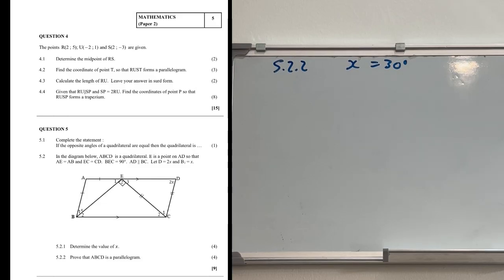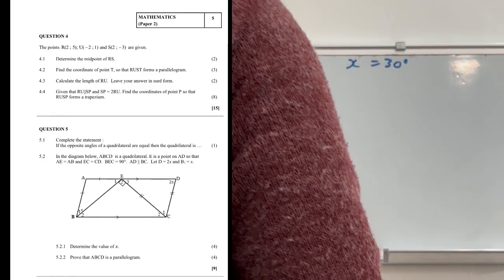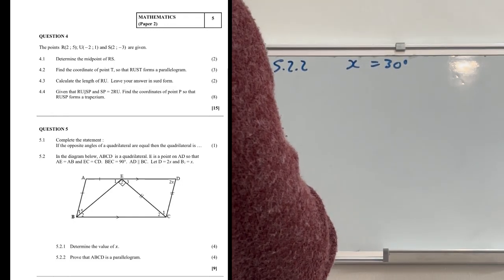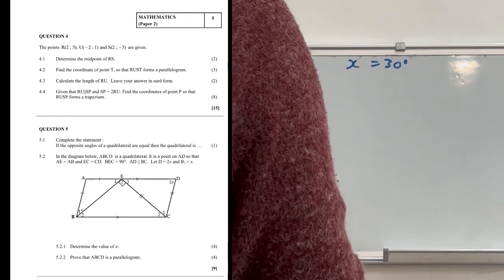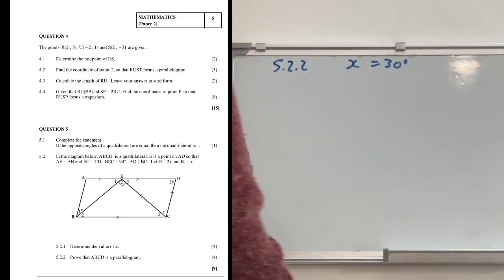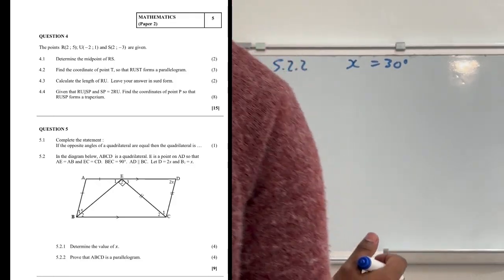For 5.2.2, they say prove that ABCD is a parallelogram. But we already have a statement in question 5.1 that says if the opposite angles of a quadrilateral are equal, then it is a parallelogram. So if we can show a pair of opposite angles that are equal, then we can say it's a parallelogram.